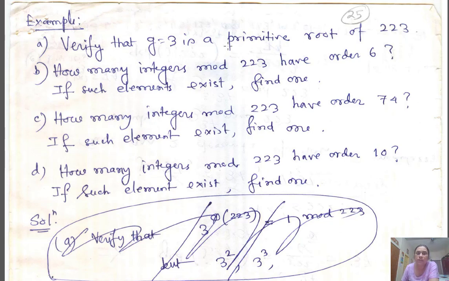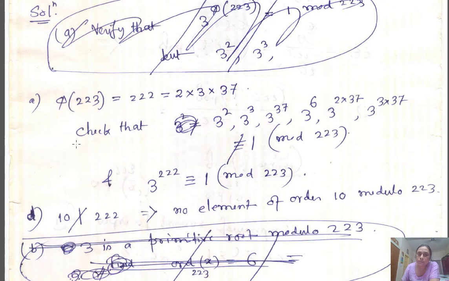So verify that g equal to 3 is a primitive root modulo 223. You can verify this. So φ(223) is 222, you calculate what are the factors, and 3 to the power those factors. So you have to check all these powers: 3 to the power 2, power 3, power 37, then 2 at a time: 2 into 3, 3 into 37, 2 into 37.